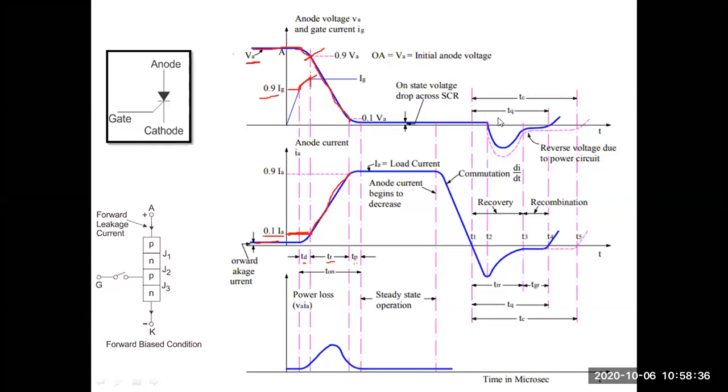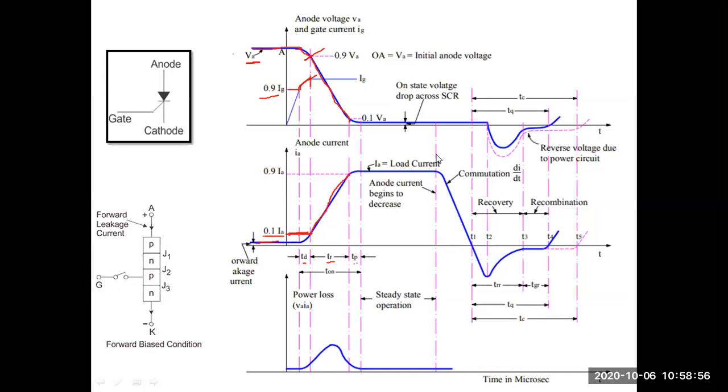Now let's look into the turn off characteristics of this SCR. We have brought the forward blocking state to the forward conduction state, and now we have to analyze the forward conduction state to the forward blocking state. I repeat once again, we have to bring the forward conduction state back to the forward blocking state.